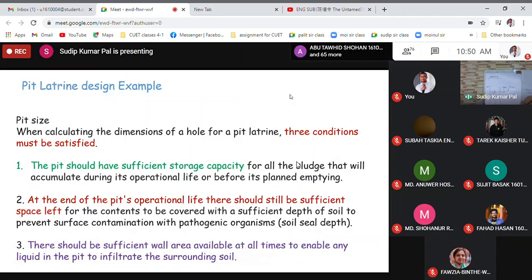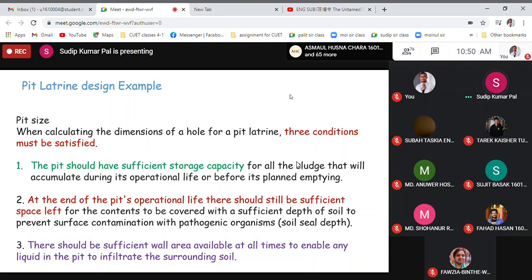ECL means existing ground level, and the D from the ECL is the highest level after the end of operation. So that D is called soil seal depth, which is point 2 in the slide.